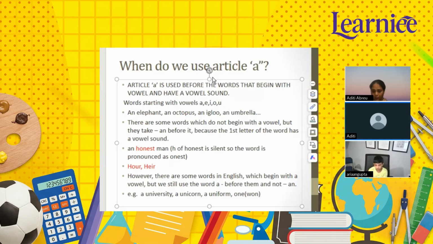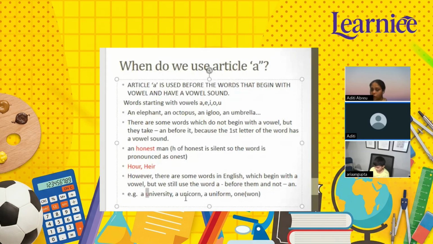Now, in the same way, there are certain words which start with a vowel, like university, unicorn, uniform. Though these words start with a vowel, the sound they are using is not of a vowel. The sound is of a consonant.